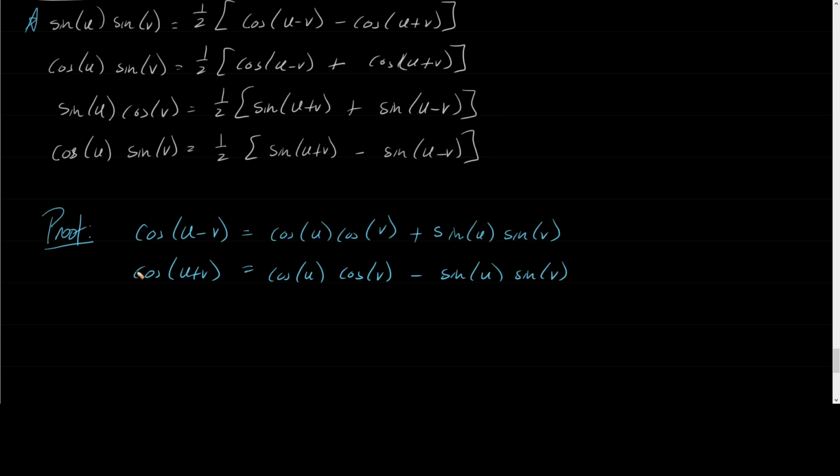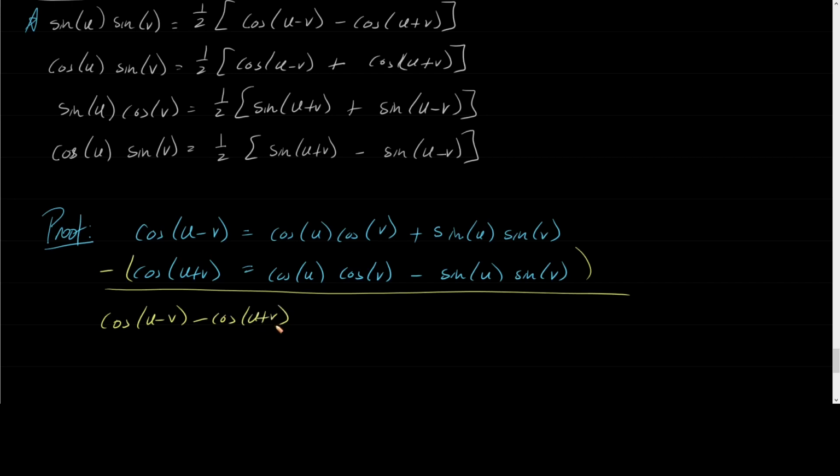Now, if I were to subtract these two equations, well, on the left side, I have cosine of u minus v minus cosine of u plus v. Then cosine u cosine v minus cosine u cosine v, these cancel each other out.